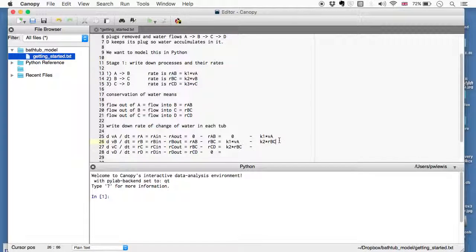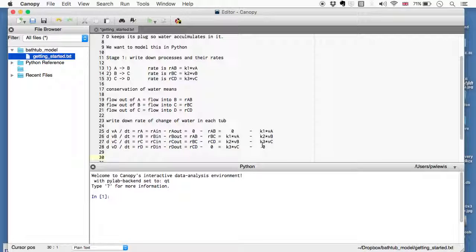Oops. That should be VB. So it's proportional to the volume in B, not anything else. So K3 times VC, and finally we have the flow in K3 times VC minus 0 because there's no flow out. Right.